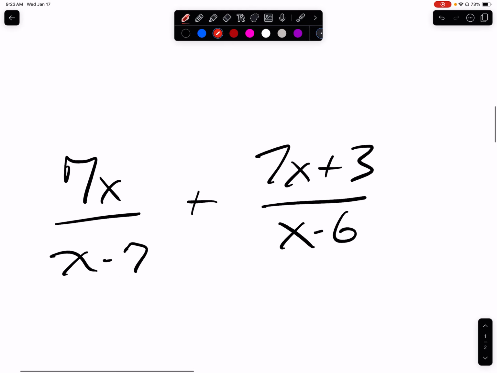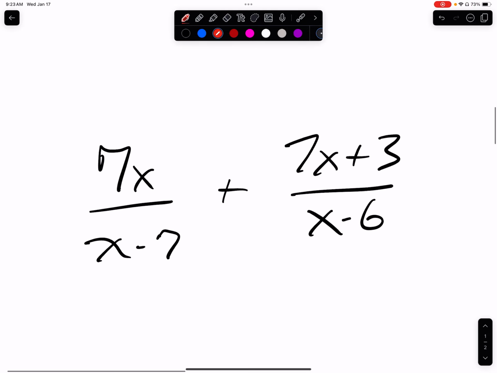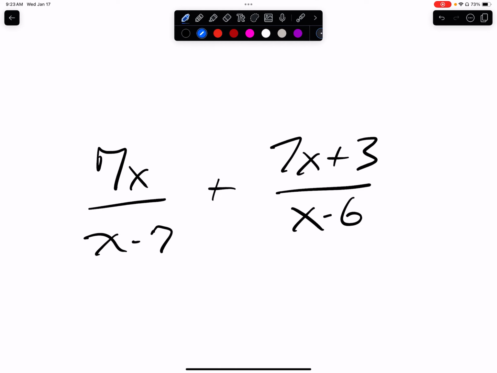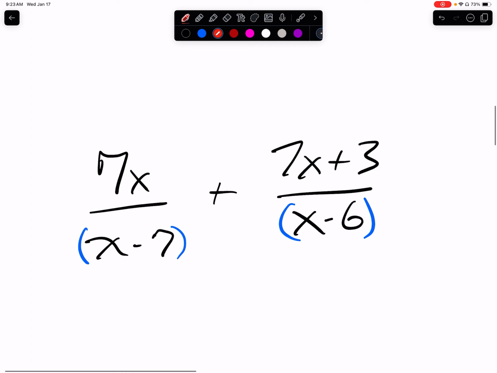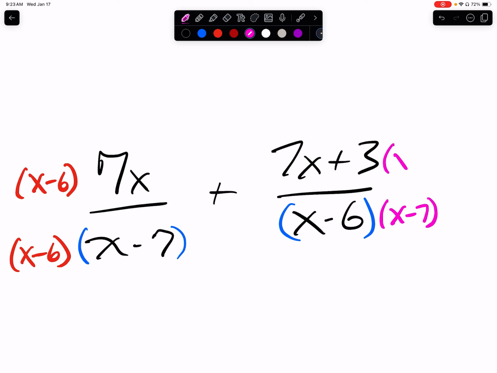If we move on to something a little bit more challenging, now we have two different binomials, right? And here is where we're going to keep these binomials together, all right? So what is missing from the left-hand side? From the left-hand side, I know that I'm going to need an x minus 6 and then an x minus 6. And then I know I need on the right-hand side an x minus 7 and then an x minus 7. So you can see, again, we're not changing the expression, right? What we're doing is multiplying.